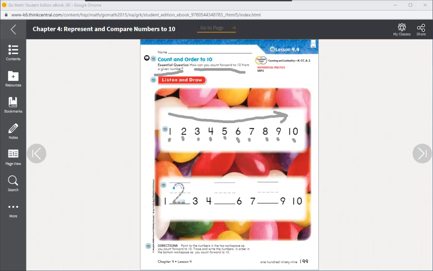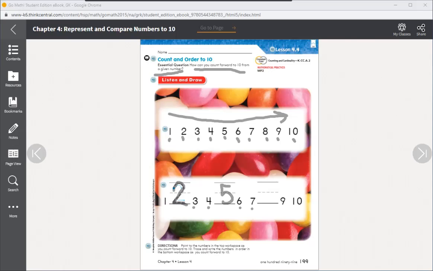Now down here, we're gonna fill in those missing numbers by looking at the number 10 and counting them, okay? Here we go. 1, 2, 3, 4. What comes next? 5, 6, 7.